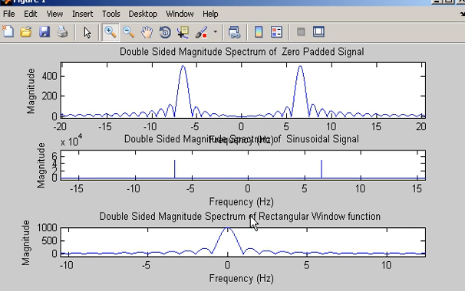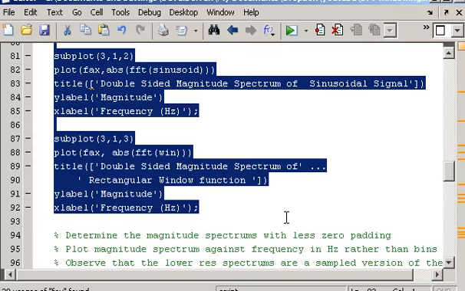Now in our case we first of all used a rectangular window function, but we can change the rectangular window function to another window function such as a Hamming or a Hanning and see what the effect of that is. Let's just go back into the script to do just that.